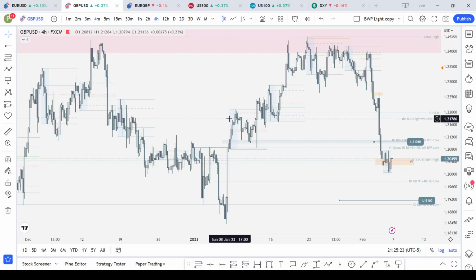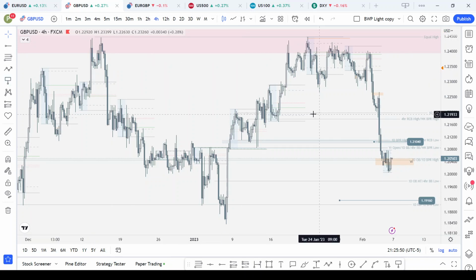Okay, so the range in price for the daily TR candle is Sunday 5 p.m. New York time to 4:59 p.m. New York time on Monday.